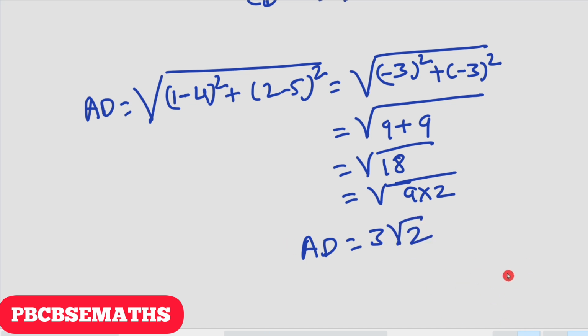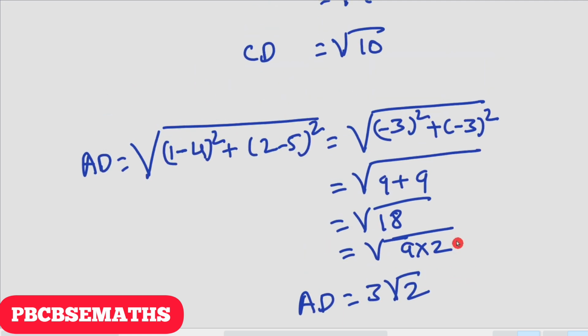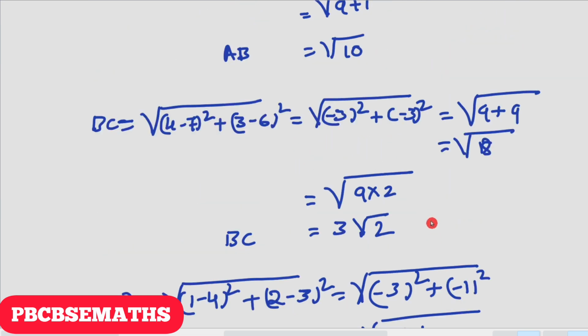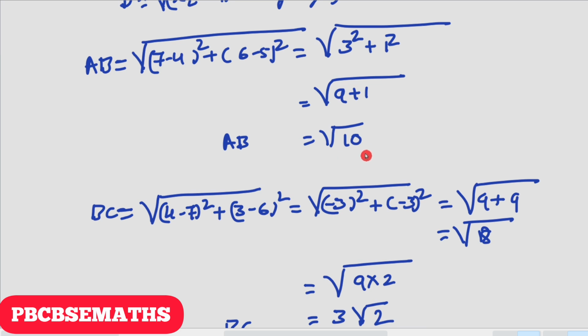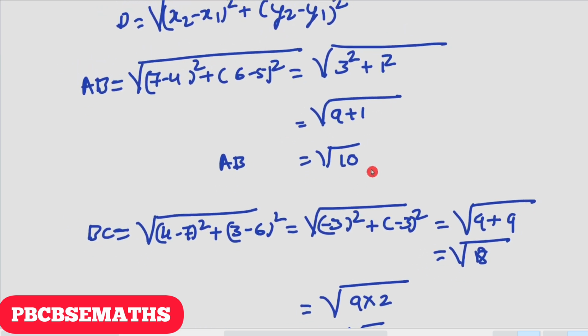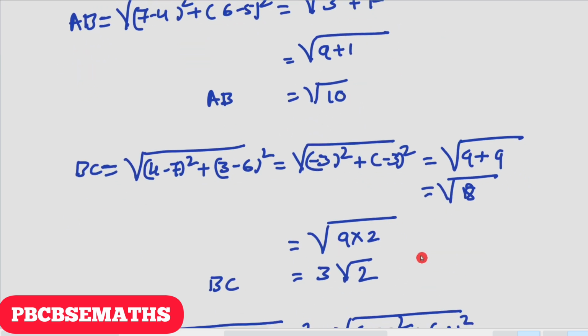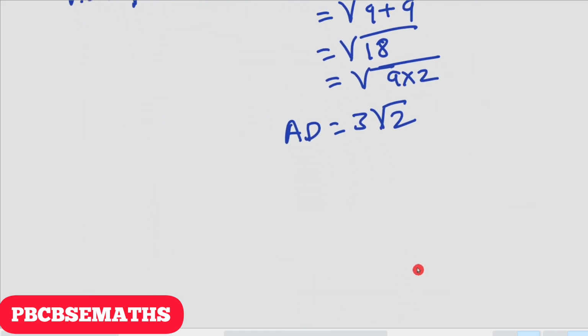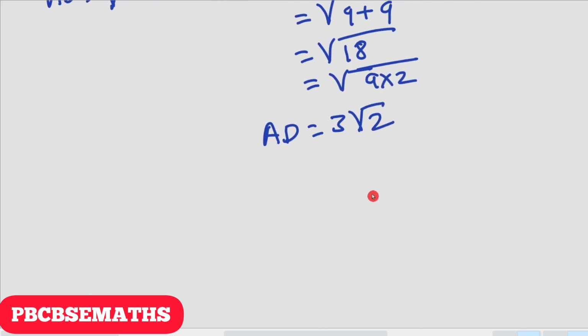So now we got the values of all four sides of the quadrilateral. If we observe these sides, AD value is 3 root 2 and the value of BC is also 3 root 2. CD value is root 10. The value of AB is also root 10. So we can say that opposite sides are equal to each other. Now we have to check whether this quadrilateral is a rectangle or not.